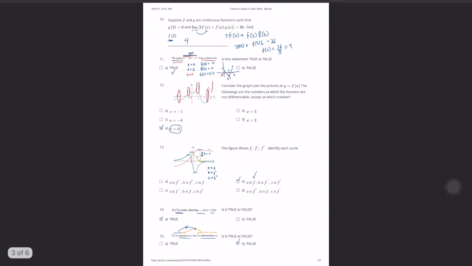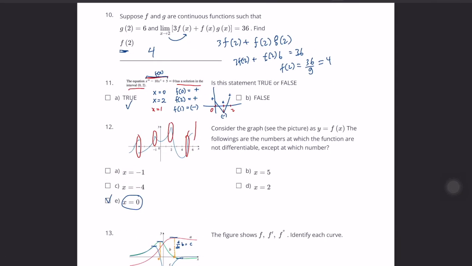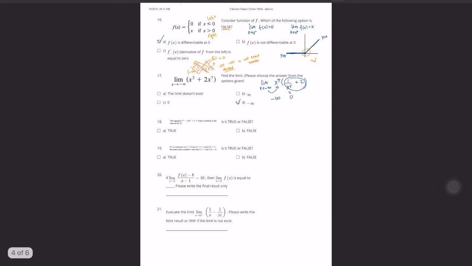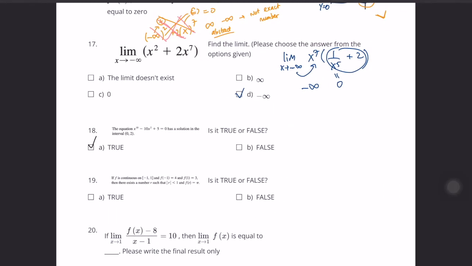Wait. Why do we have these two questions the same? Okay, so yeah, this is I think my mistake. Okay, so this should be true.